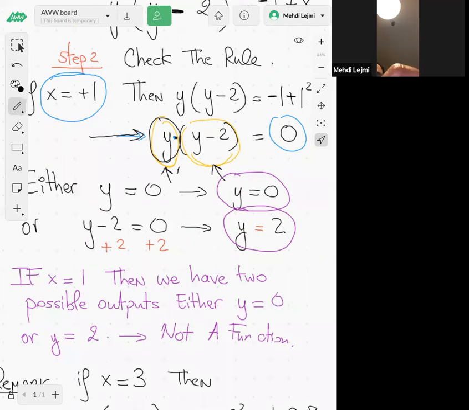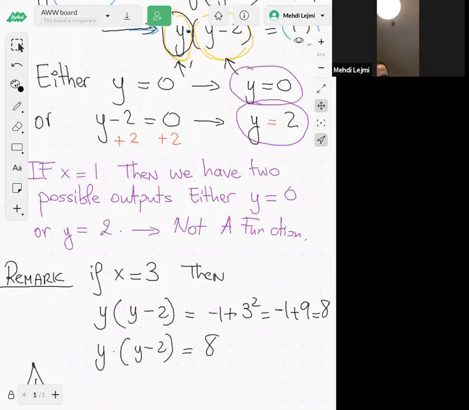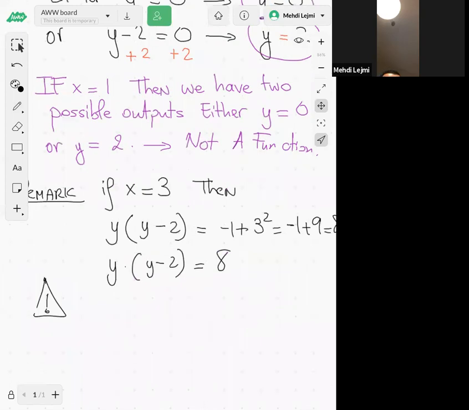Here, this is different. Here, what we are saying is y times y minus 2 is equal to 8. So you cannot say, well, either y is 8 or y minus 2 is 8. That's not true. Just be careful.